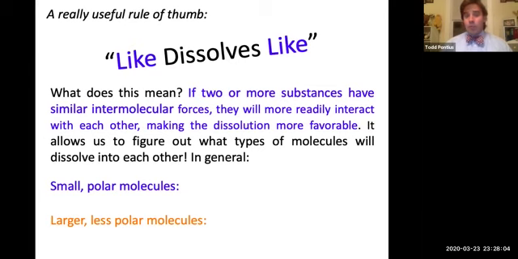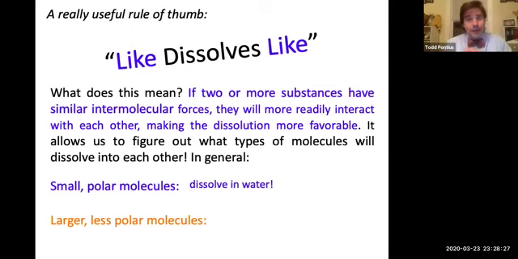So a useful rule that we invoked was this like dissolves like principle. Basically what it states is that molecules that share similar intermolecular forces will generally dissolve well in each other. A generalization, but a very useful one. And probably the most important thing that we got out of that principle is that small polar molecules tend to dissolve in water.